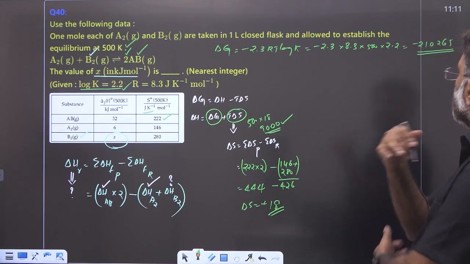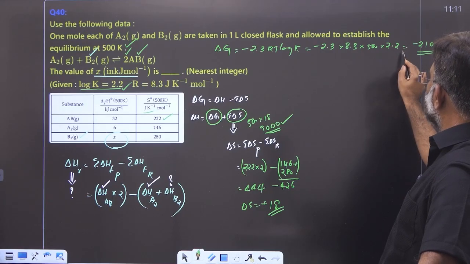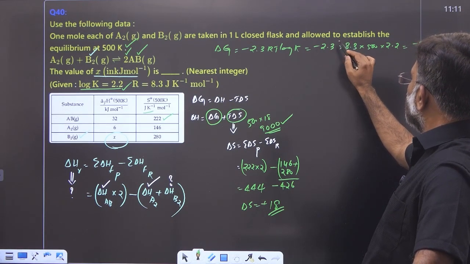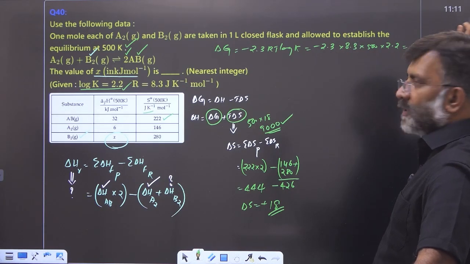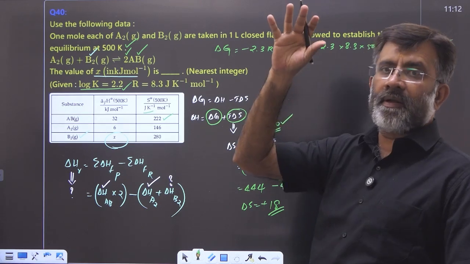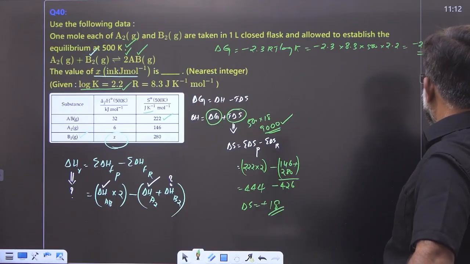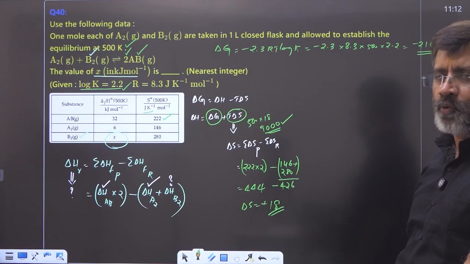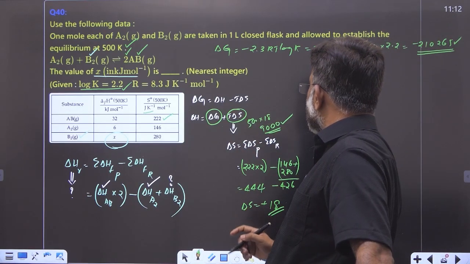See, this will be nearly more than 1000 into this, more than 2000 something, into 8.3. It will be in the range of 20,000. Exactly, it's going to be minus 21026 joules. Okay. So that can be applied here.